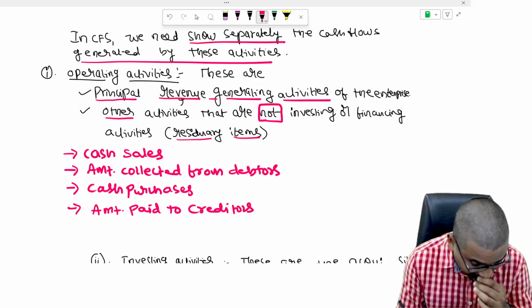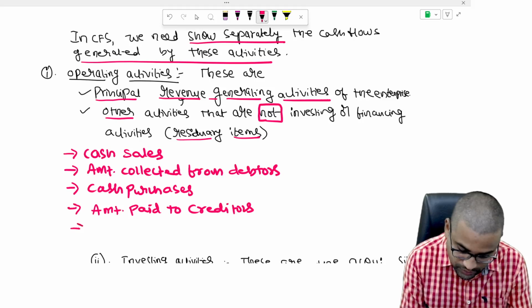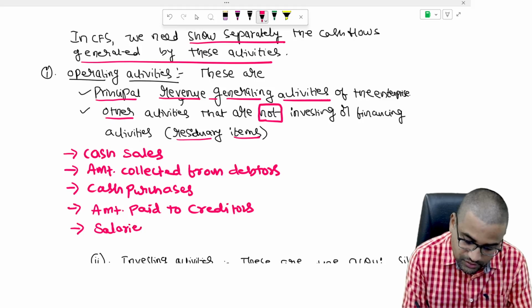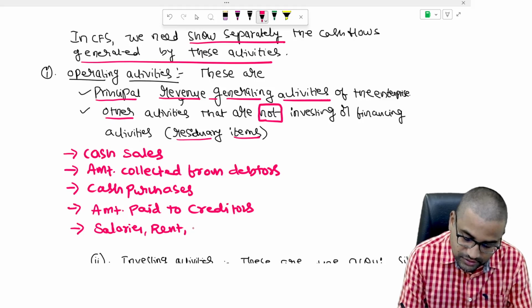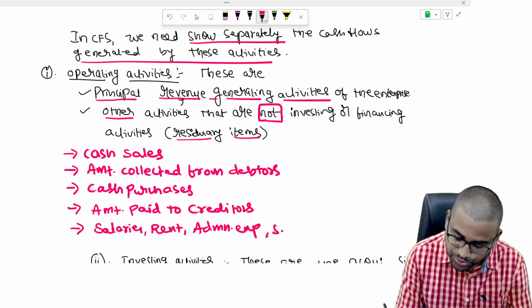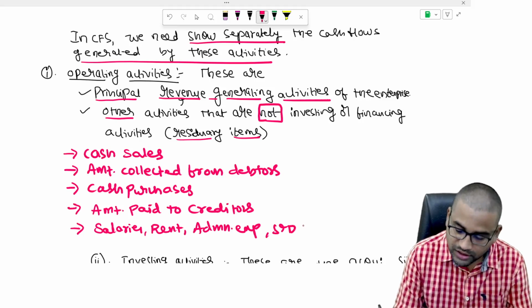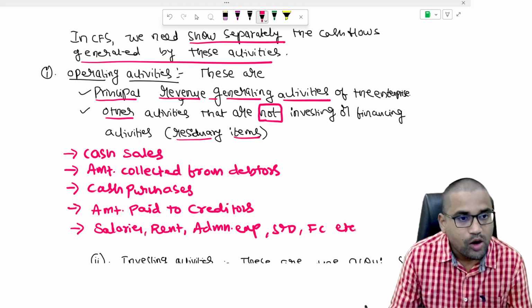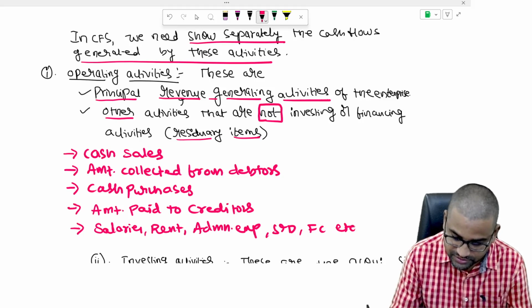For example, salaries paid, salaries, rent, admin expenses, like selling and distribution expenses, like finance cost, nothing but interest, etc., all kinds of operating activities.